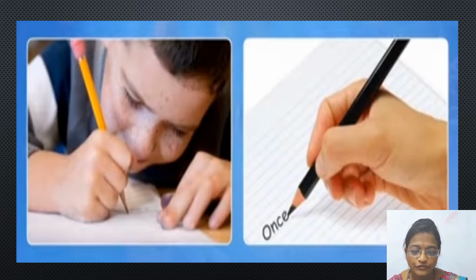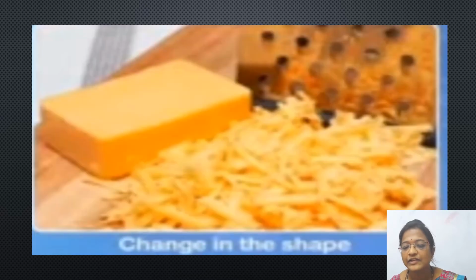So the effect of force is seen by the change in the direction or motion or shape or position of an object to which it is applied, isn't it? So you can see, for change in the direction also we are applying force. For change in the motion also force is applied, and for change in the shape also force is applied, isn't it? So this is all about force.